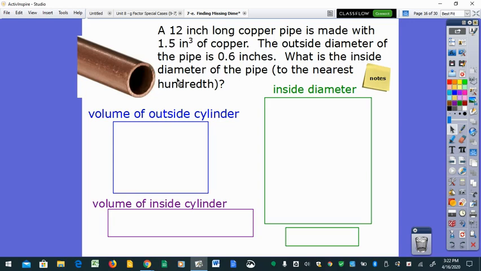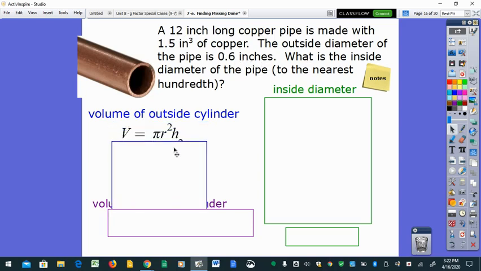So I know I'm going to start by finding the volume as if it didn't have a hole. So I'm going to find it without the hole. So I have a 12-inch copper pipe. And I know that the outside diameter is 0.6. So I'm going to use the volume formula of a cylinder. I'm going to put the 12 inches in for the height. And I'm going to put the 0.3, half of the diameter, in for the radius.